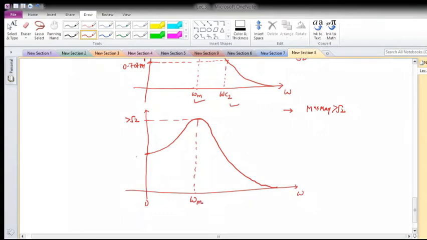Now this is 1, and I'll take 1 by root 2 of the maximum, which is M. This will obviously be greater than 1. So now this will be the cut of 1 by root 2 of M. Here it is cutting at two frequencies, so this is the first and this is the second frequency. So I'll get two half power point frequencies, omega c1 and omega c2.